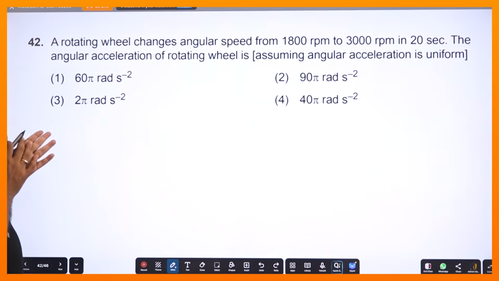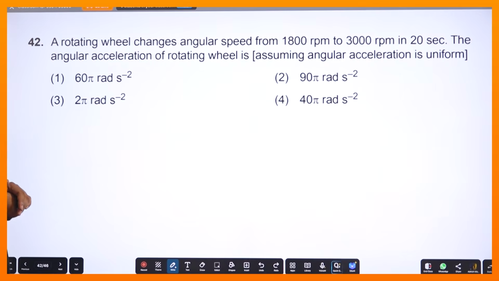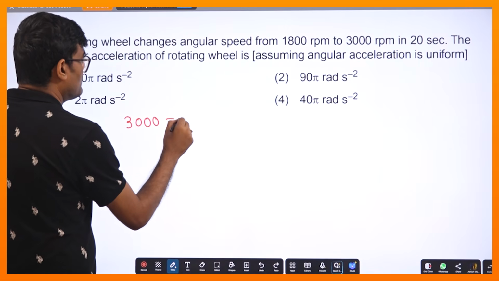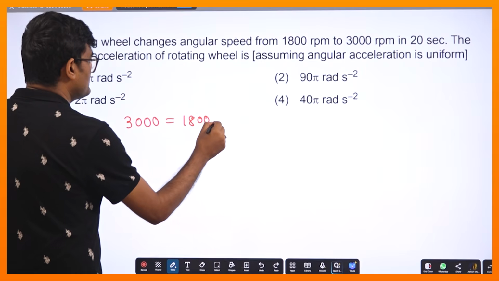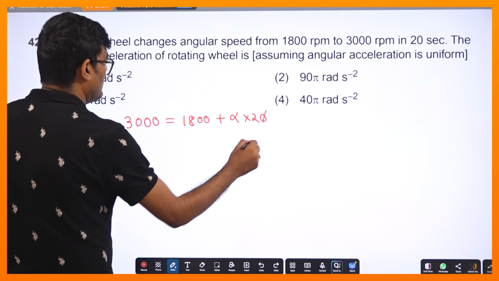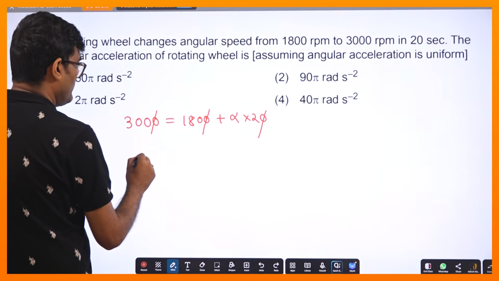A rotating wheel changes angular speed from 1800 to 3000 rpm in 20 seconds. What is the angular acceleration? Final angular speed is equal to initial angular speed plus alpha into t, so you can get your answer from there.